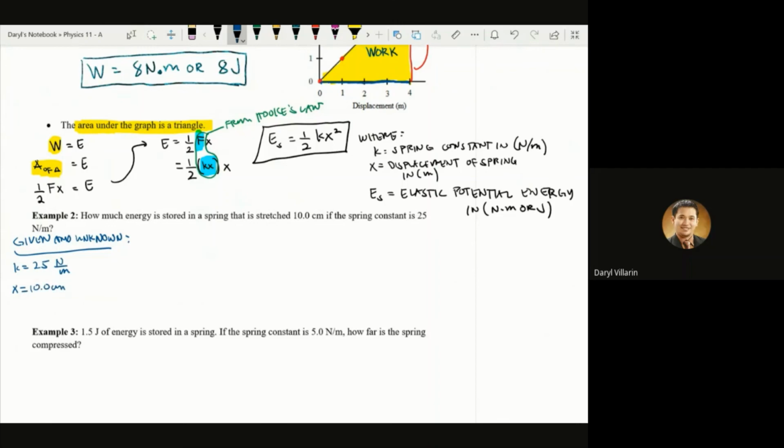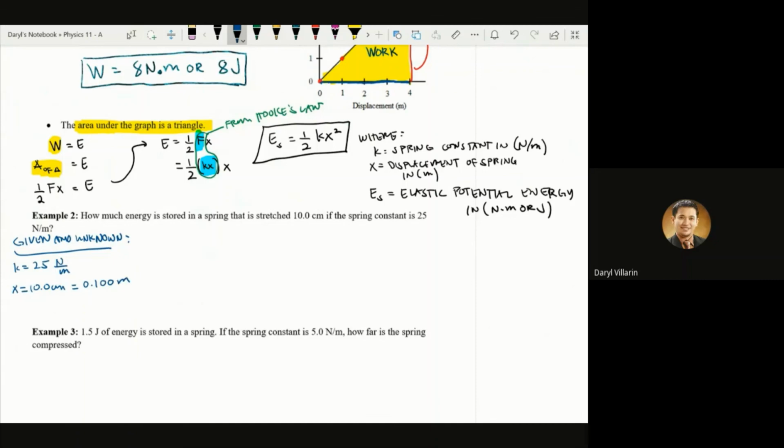But if you can see, this is centimeter. In our definition, when we define the expression for the elastic potential energy, we use the unit meter. Therefore, you need to convert this to meter. So that would be 0.1, I believe. Yeah, 0.100 meter.